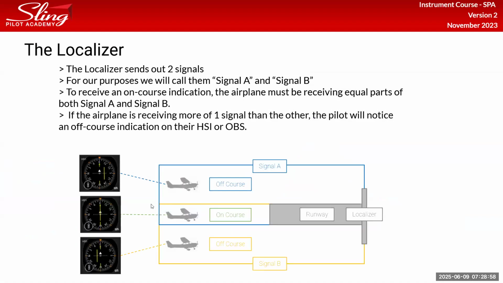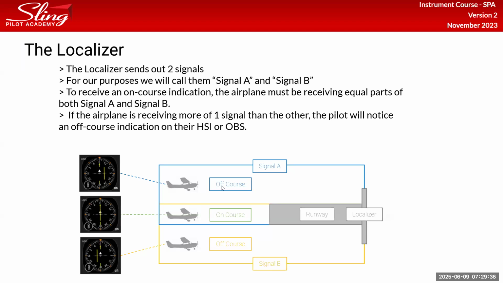Localizer, so it sends out two signals. For our purposes, we call them signal A and signal B, or 90 hertz, 150 hertz. To receive an on-course indication, the airplane must be receiving equal parts of both signal A, 90 hertz, and signal B, 150 hertz. If the airplane is receiving more of one signal than the other, the pilot will notice an off-course indication on their HSI.